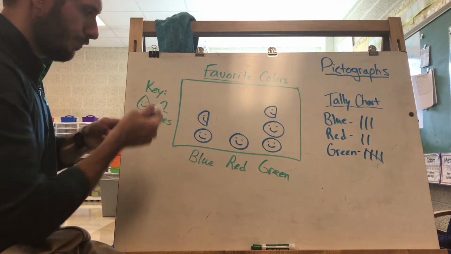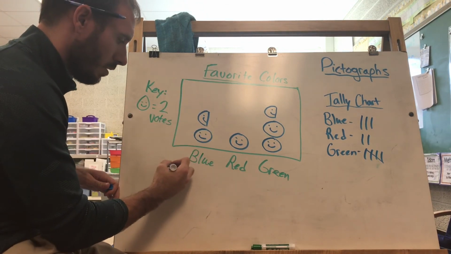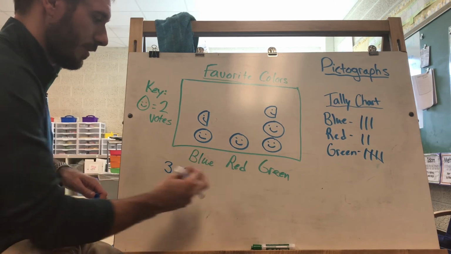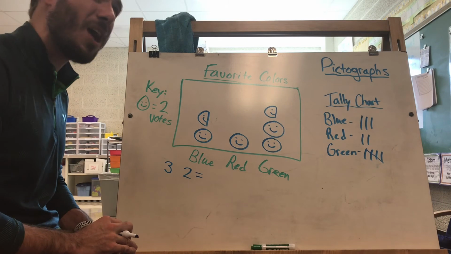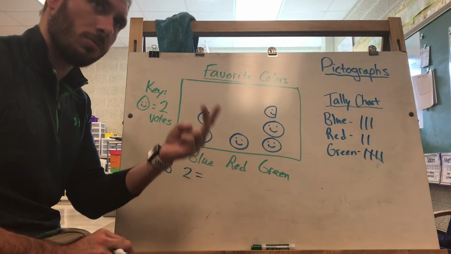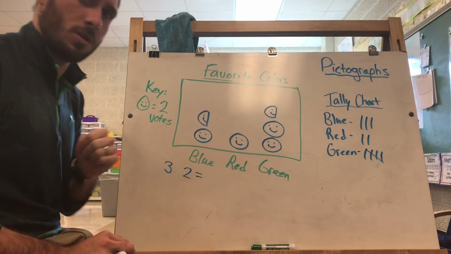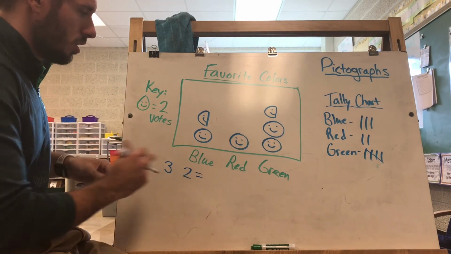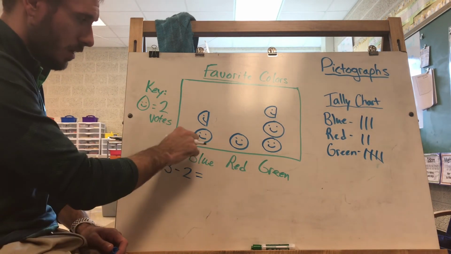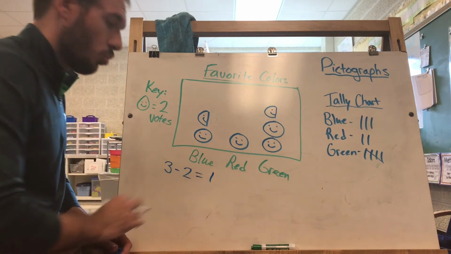Well, I take blue, which I know is 3, and I have red, which is 2. I need to make this some type of math problem. So when you hear how many more, it's going to be one of the 4 operations: addition, subtraction, multiplication, or division. How many more? Comparing differences, you want to subtract those numbers. 3 minus the 2 would be 1.